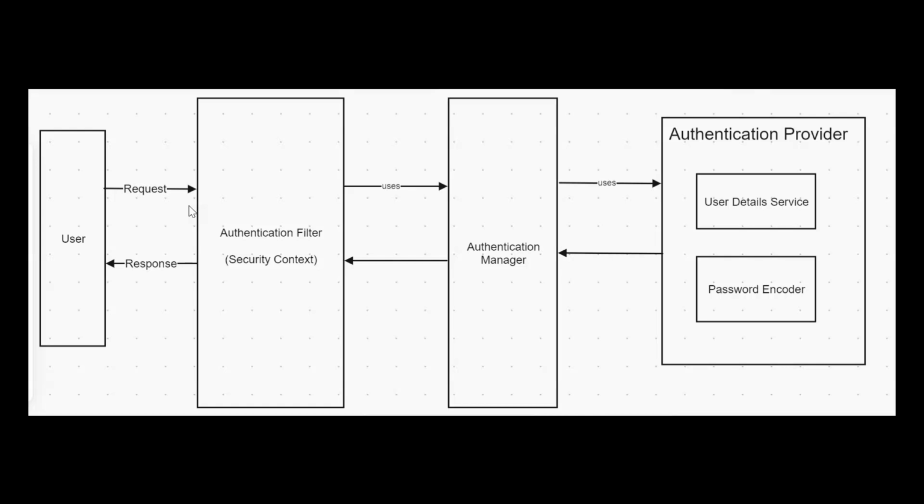After that, the authentication filter will check user credentials in the security context. The authentication filter will have the security context, and it will check whether the user credentials already exist in the security context or not. If they are not available, then the authentication filter uses the authentication manager. The authentication manager will check user identity, and it will use the authentication provider.